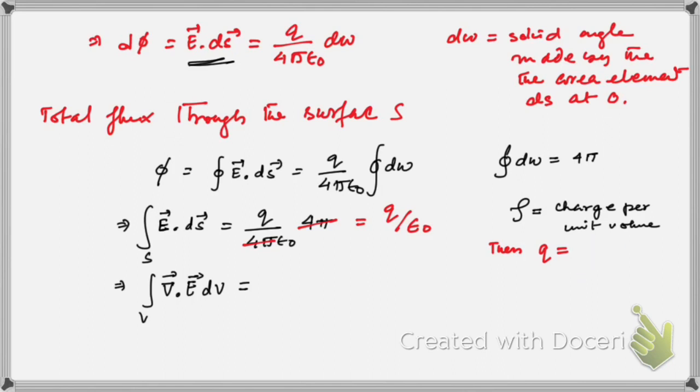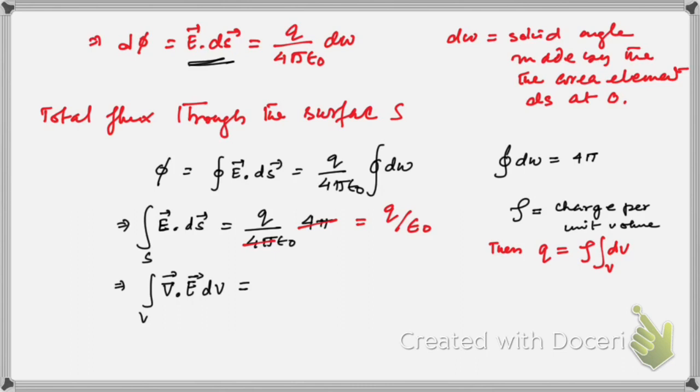So Q is given by rho into the integration, that means rho into the total volume. Total volume is obtained by integrating the volume element dV, if V is the total volume here.